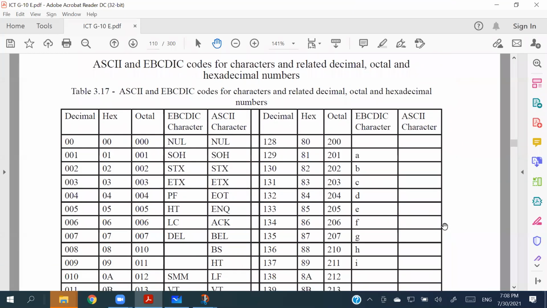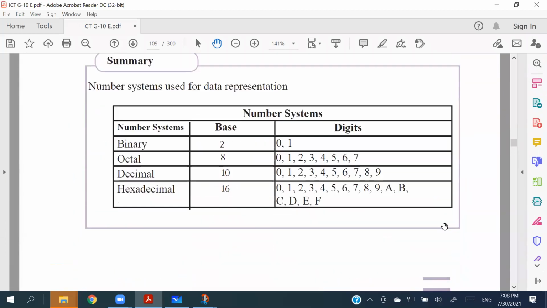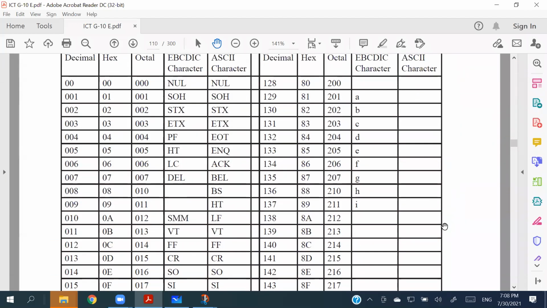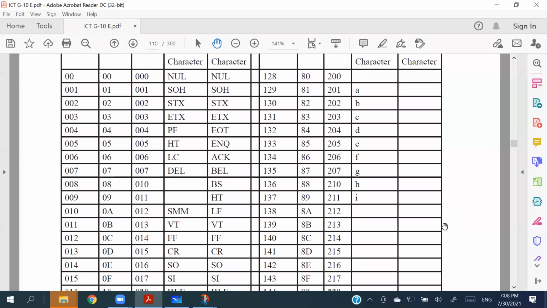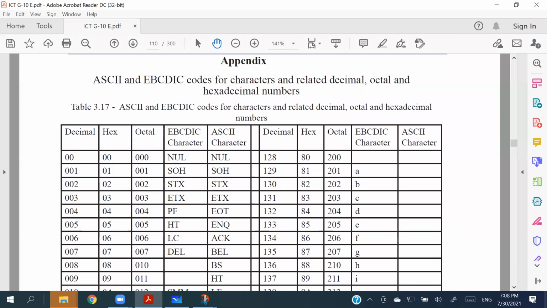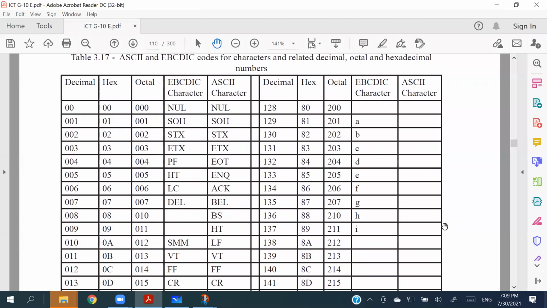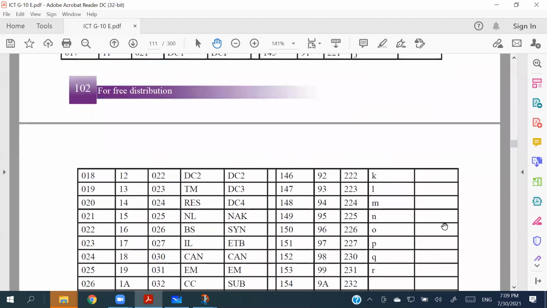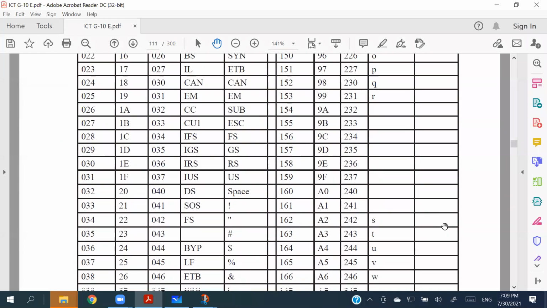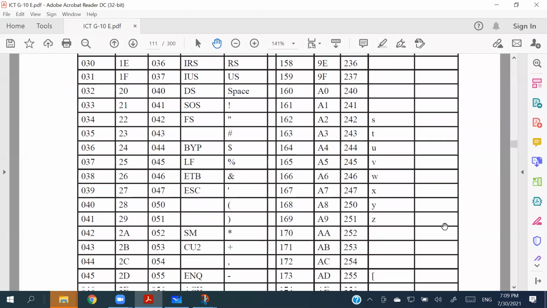Right over here. And we are going to find the code for school, right? So that means we have to find S in the ASCII characters, right? So let's search how the S is represented over here.